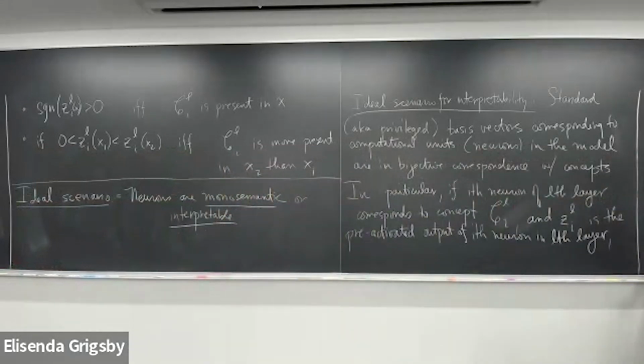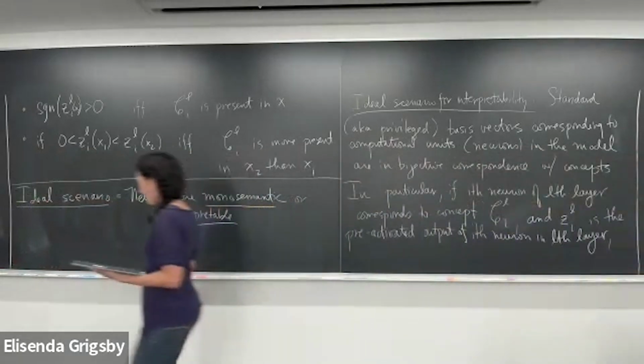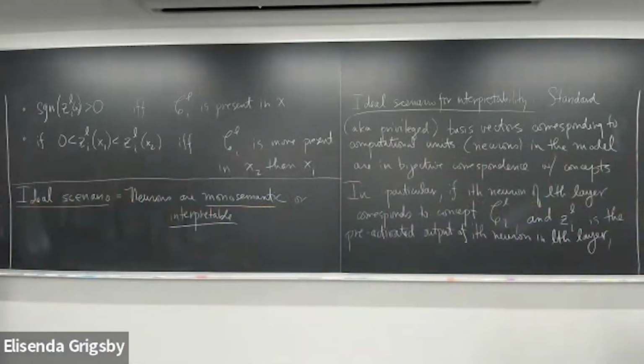To be honest, I don't know to what extent people really believe there are monosemantic models out there. But I think that is the starting point for a lot of the research: they believe this is true, at least close enough to true that we can work with it.